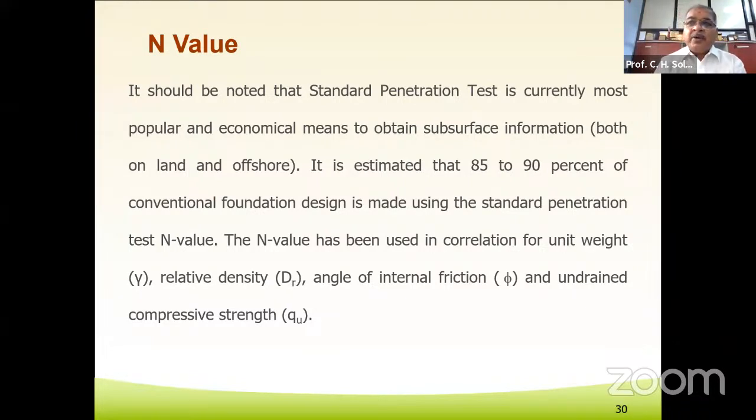Whereas in the case of cohesive soils, we find the undrained compressive strength to know the cohesion of the soils. The angle of internal friction phi and cohesion C help us in determining the bearing capacity of the soil. So the N value helps us in finding these values by correlations.